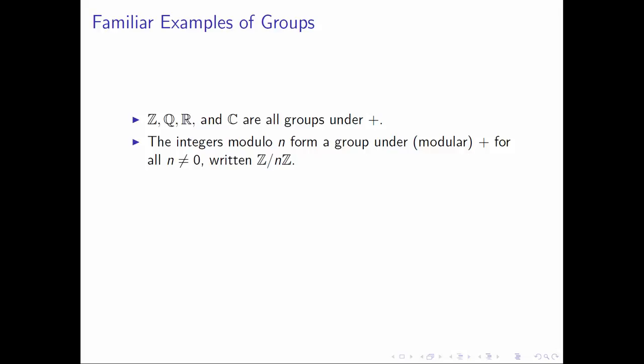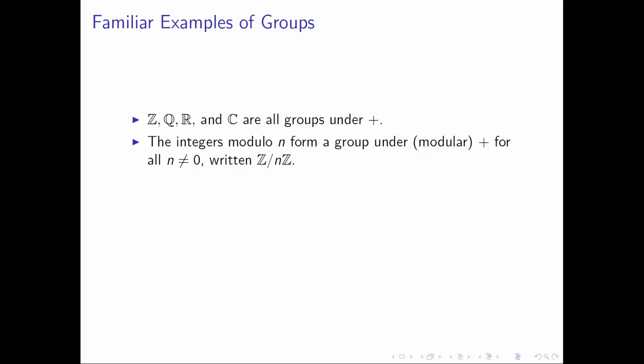So for instance, if I pick my number n to be 3, my set that would be forming a group here is the set of numbers 0, 1, 2, all of the integers greater than or equal to 0 but less than 3. If I add them together, if I take 1 plus 2, I'm going to get 3, and 3 is too big.